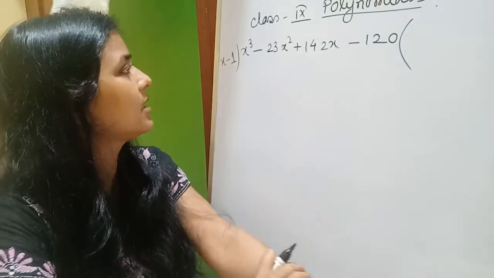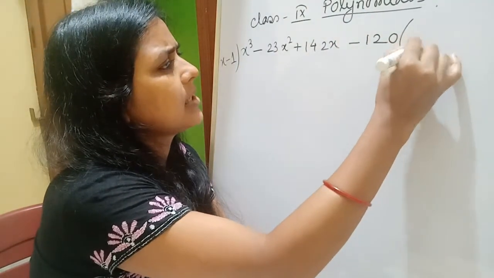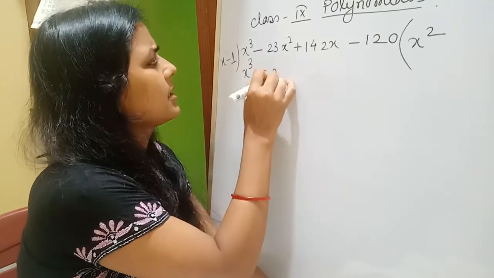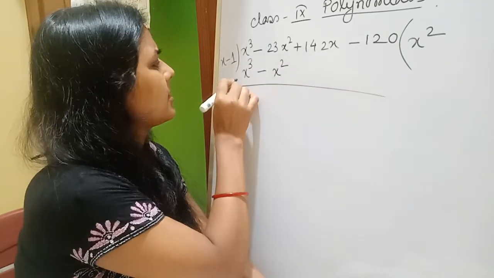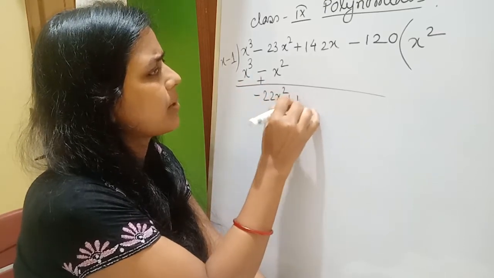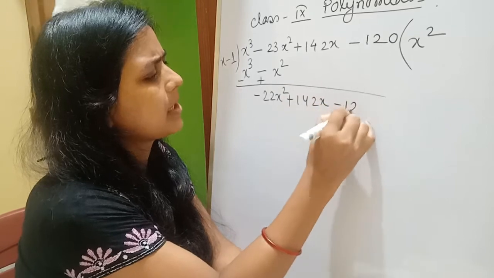Then what will we get? We will get x square, that means it's x cube minus x square. Then it's minus x plus it's minus 22x square plus 142x minus 120.